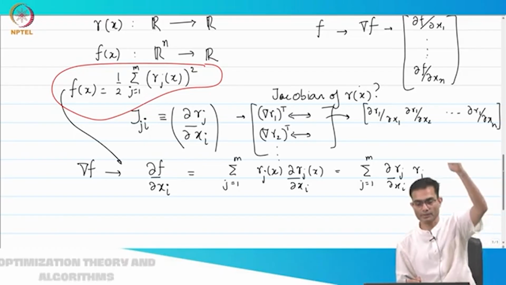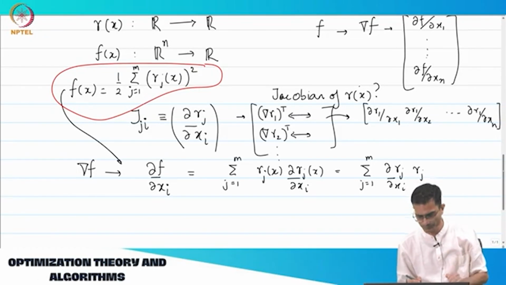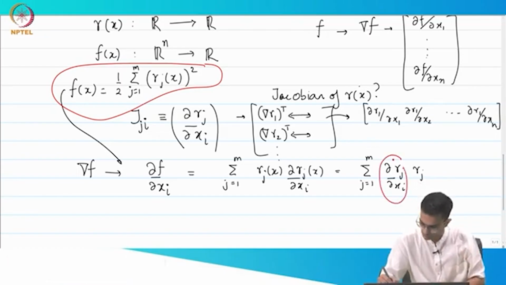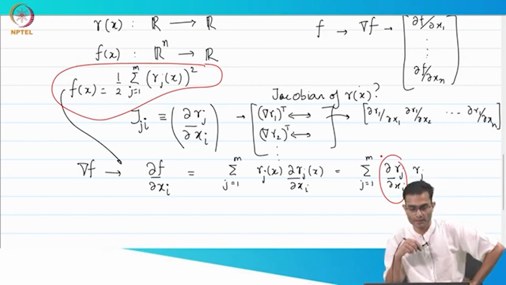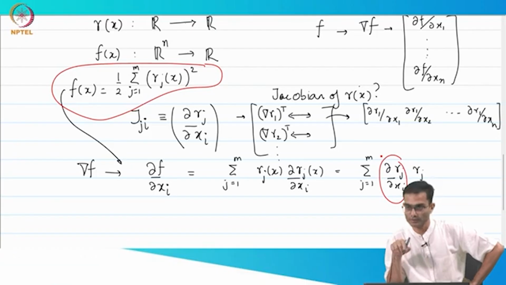I want df by dx1, x2 all the way up to xn. What is this reminding you of? It looks exactly like a term of the Jacobian. It looks like the jth column, right? And I have an r_j over there.